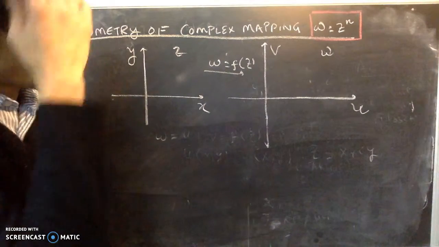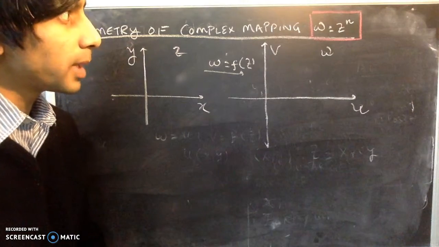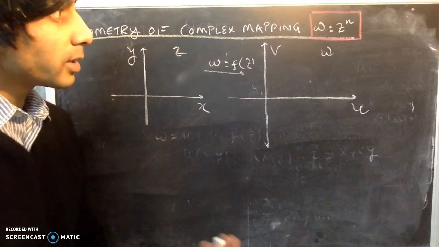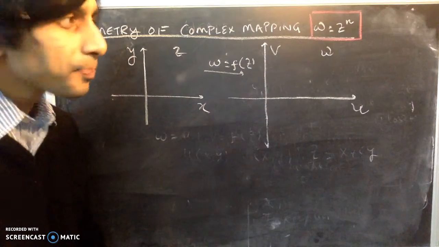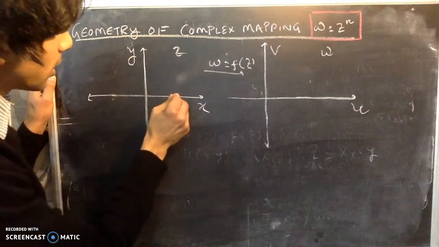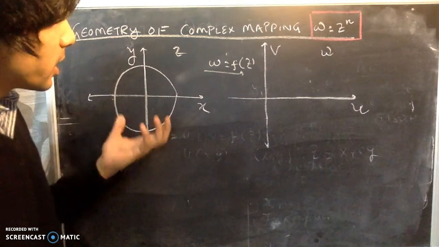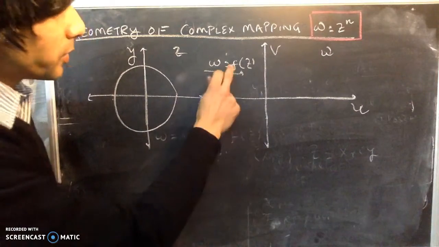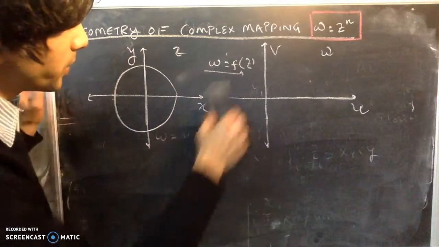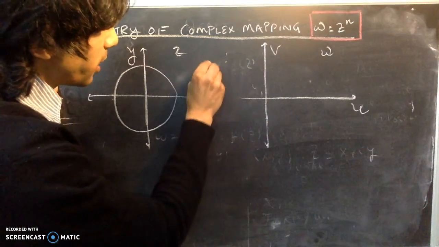All right, so let's get started with a simple description of how to understand the geometry behind this mapping. For that purpose, let's consider a unit circle in the z-plane. So let's just draw a unit circle in the z-plane. Okay, and we'll consider the effect of the mapping. We'll focus on w equals z to the power of n.